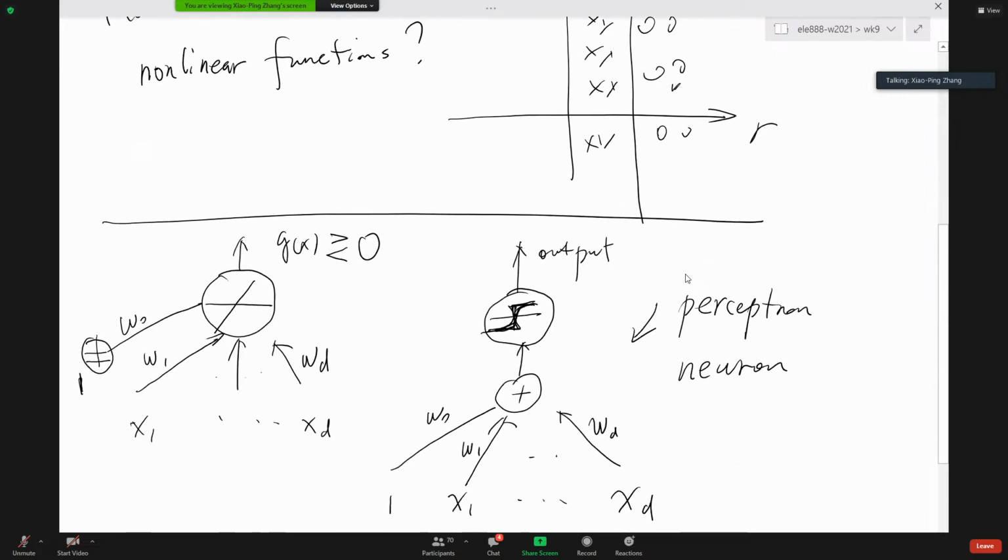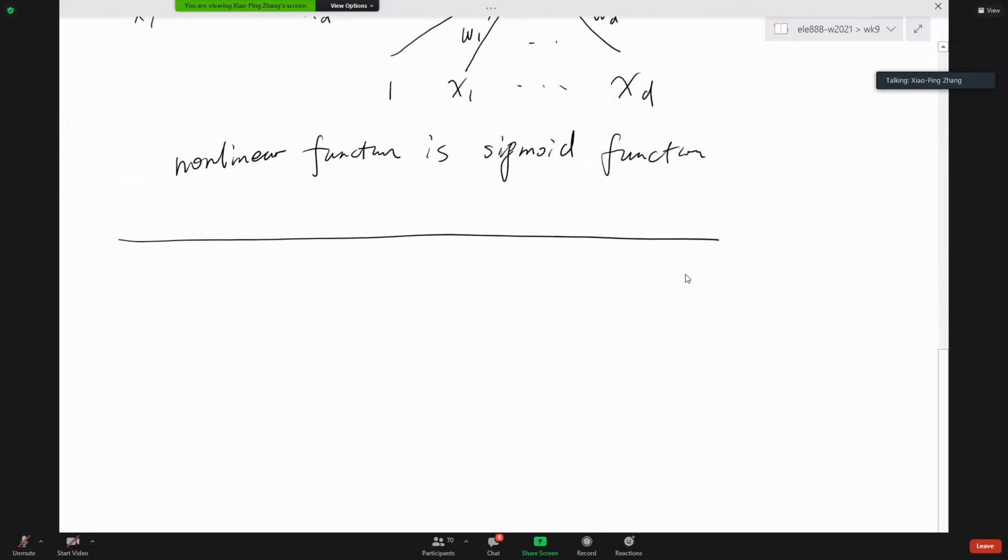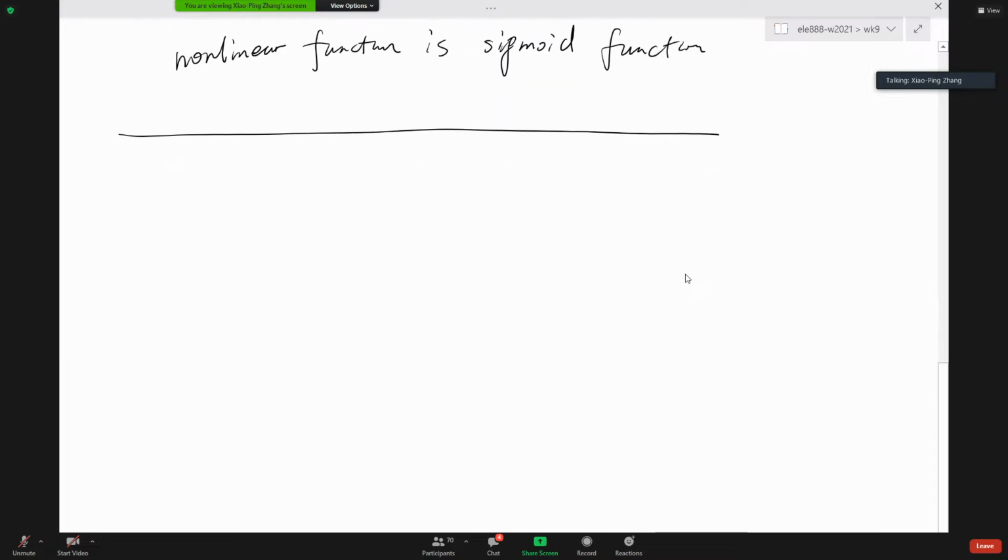So this gives us an idea that if I can approximate an arbitrary curve, then I can pretty much generate any decision boundary. In a sense, any nonlinear curve we can approximate using a piecewise linear curve.